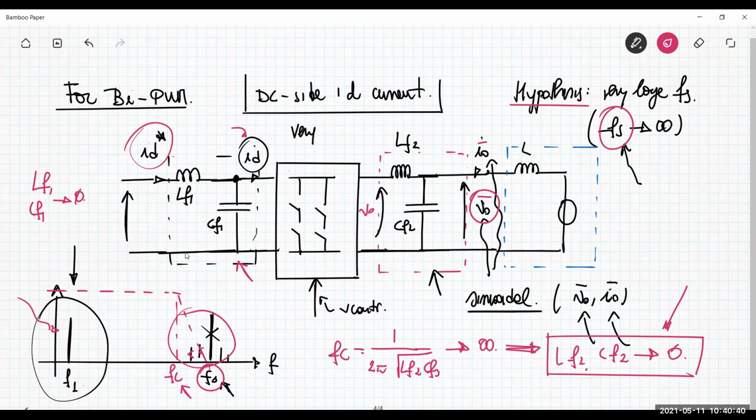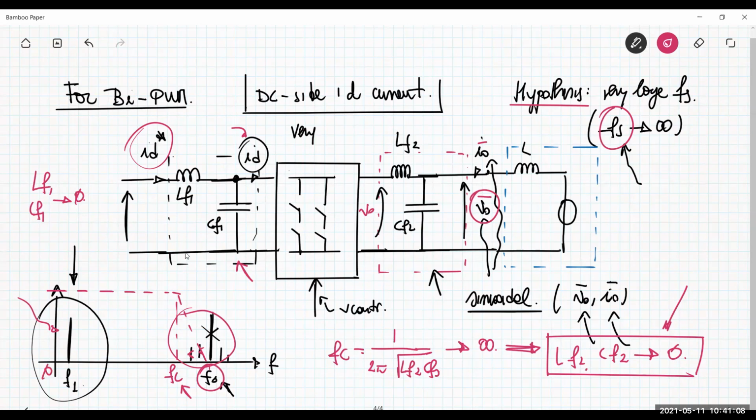So basically, this abstraction is just to say, consider a situation which is fictitious, it's not real, in which since Fs is very large, you can demodulate the output voltage and also the input current, eliminating all the behavior at the switching frequency, and just consider what happens at very small frequencies around the DC.